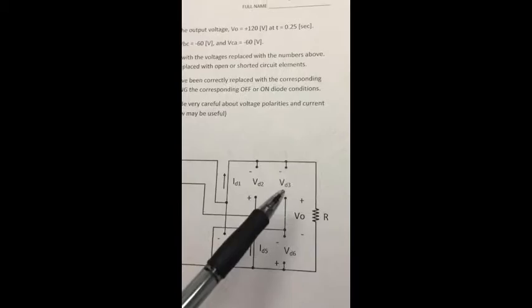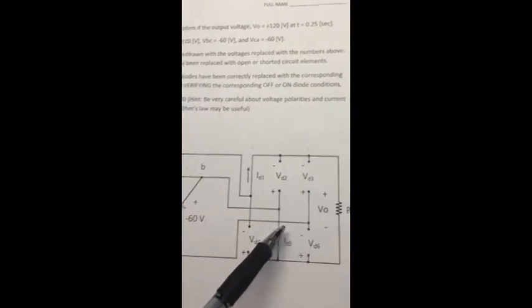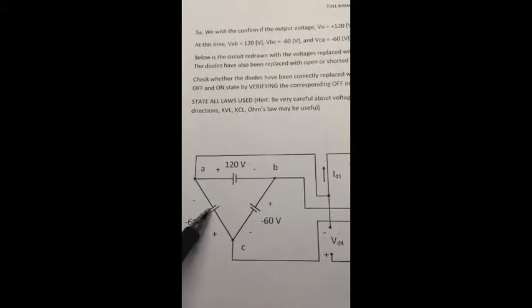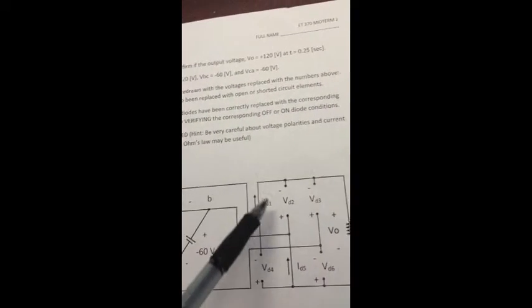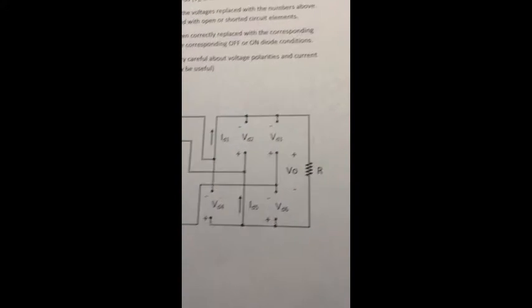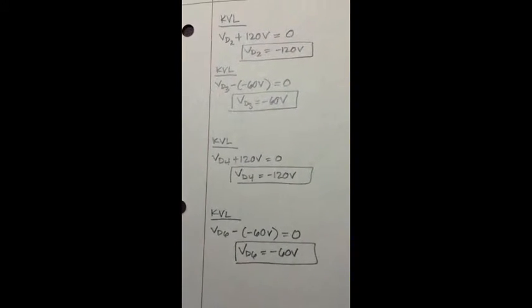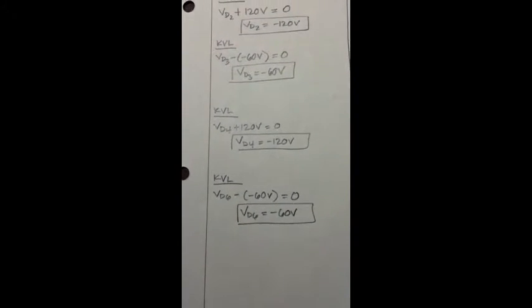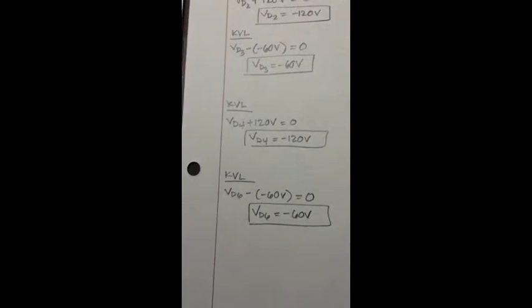For diode 3, we start from here, go right around, through the negative 60 volts, and that gets us VD3 equals negative 60 volts. We do the same thing for diodes 4 and 6: for diode 4 we get negative 120 volts, and for diode 6 we get negative 60 volts.